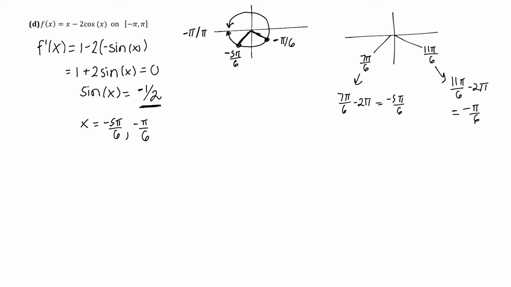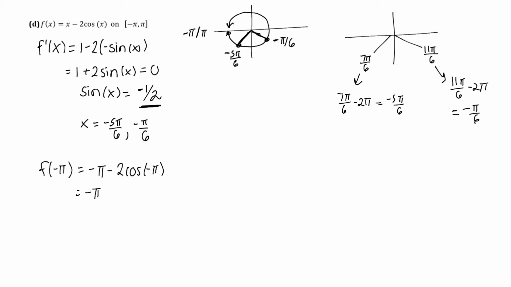Plugging them all back in to this equation up here, including these endpoints. So we have f of negative pi, which is going to be negative pi minus 2 cosine of negative pi. Negative pi is back here. Cosine is the x value, so the x value here is negative 1.